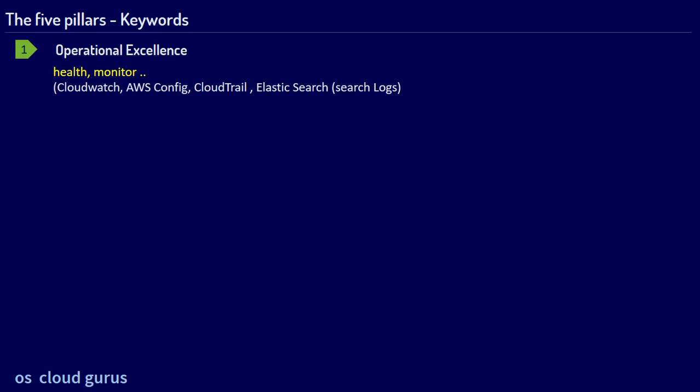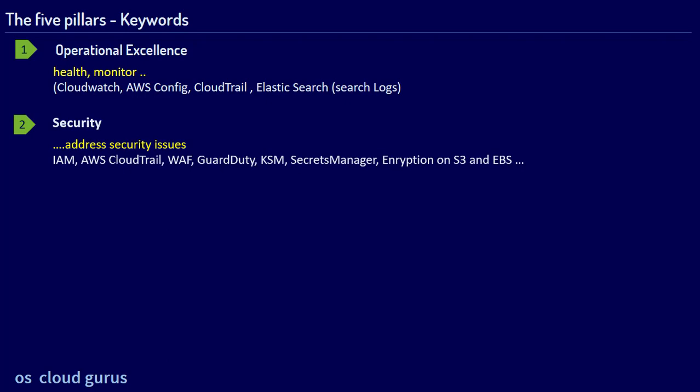So for operational excellence, please look for health and monitor, and this will be a hint. The service might be CloudWatch, CloudTrail, AWS Config, Elasticsearch. Then we already covered security. So these are, of course, for example, addressing security issues. And we already have taken a look at some of the services and questions about web application firewall and GuardDuty and KMS and the like.